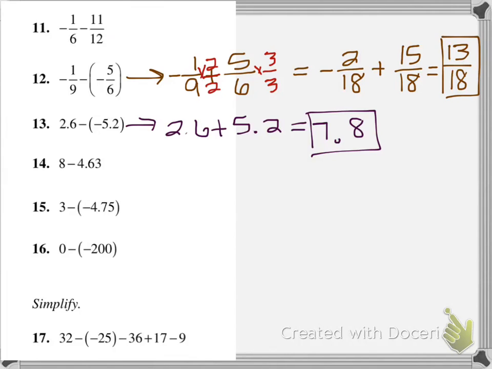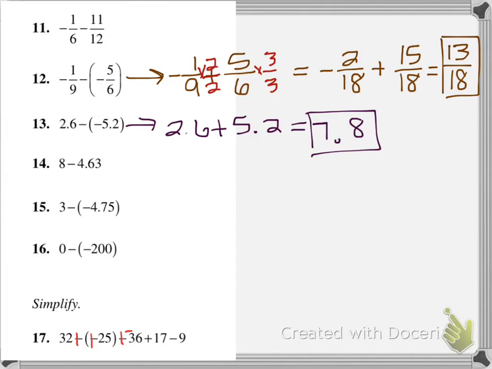Let's look at the very last one at the bottom. When you have a string of numbers like this, with some positives and negatives and minus and plus, I like to rewrite this. So when I see subtracting a negative, I know that that's going to add the opposite, or plus positive. I see subtracting 36, I know that's the same thing as adding a negative 36.